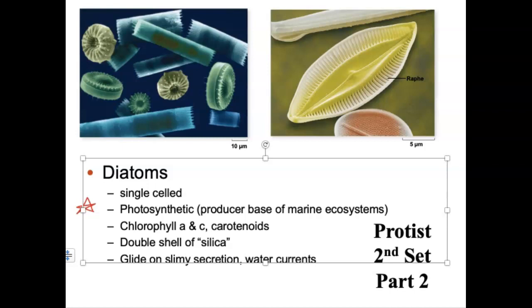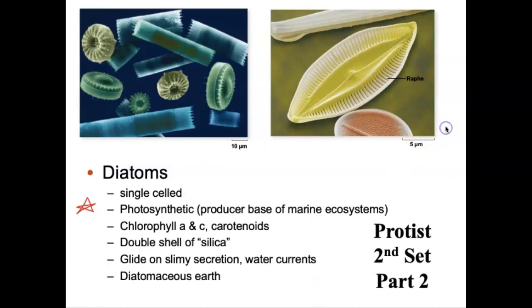It's not like they can resist the wave of the ocean pushing them around, moving them around. One of the big areas we'll see these guys in our daily lives is this stuff called diatomaceous earth. And I'll get into that a bit more in a minute here.